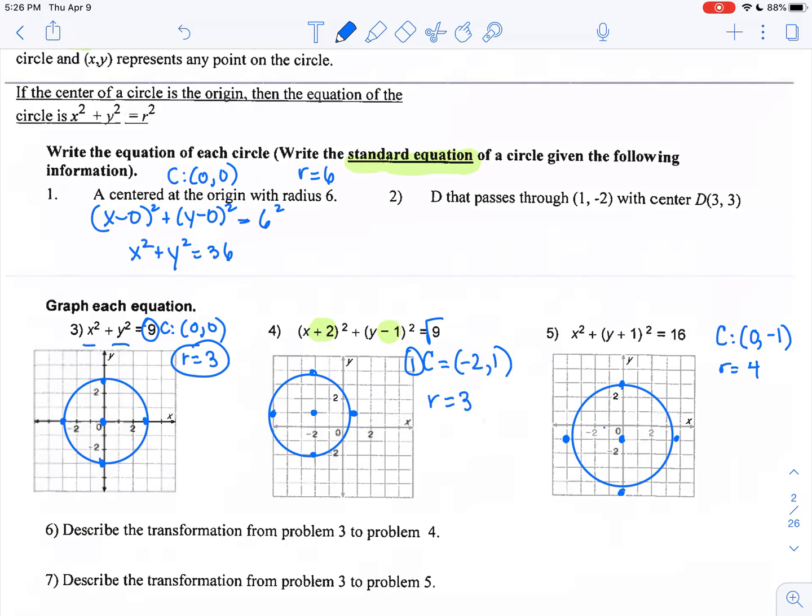Now D, the second question, passes through (1, -2) with center (3, 3). I'd like to sketch this for you so you can have an idea of what we're dealing with here.